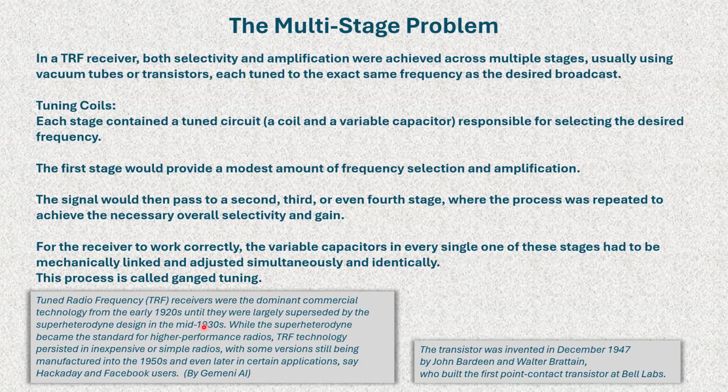So see how long it took for the change to actually be available for regular people, because first it was developed for the military. While the superheterodyne became the standard for higher performance radios, TRF technology persisted in inexpensive or simple radios, with some versions still being manufactured into the 1950s and even later in certain applications.